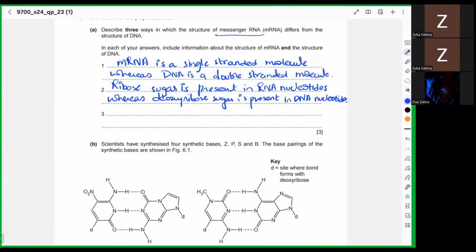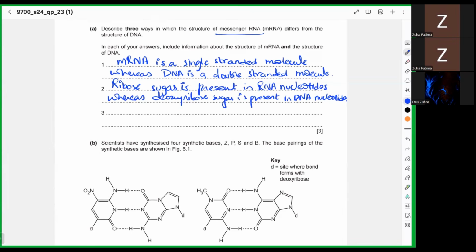Uracil is found alongside adenine, cytosine, guanine in RNA, whereas thymine is found in DNA alongside adenine, cytosine, and guanine.